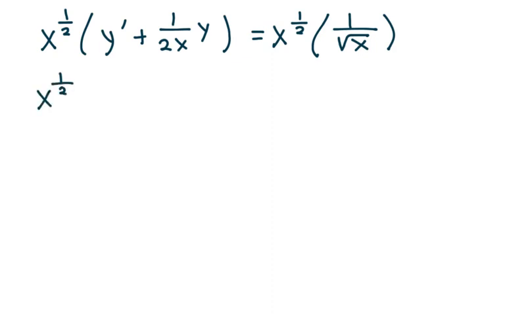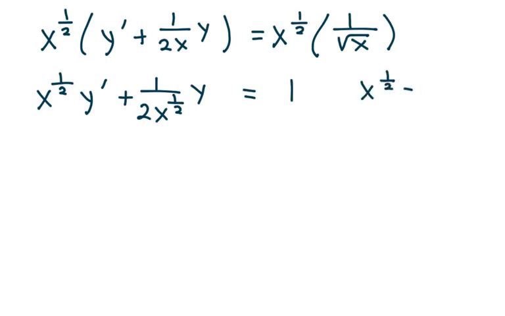So x to the 1/2 y prime plus, I claim this is 1 over 2x to the 1/2, right, times y is equal to 1. And remember that x to the 1/2 is equal to square root of x. So if I take square root of x times 1 over square root of x, that's just 1. So once again, this is by design.